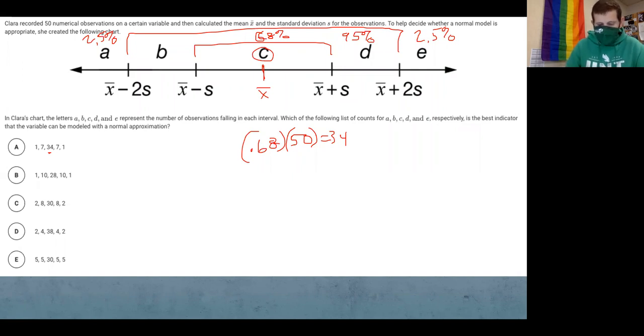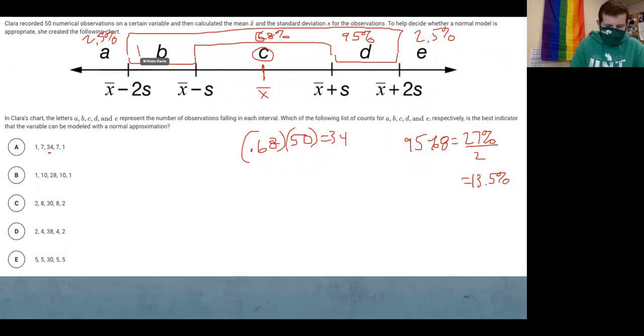But right here, if we go from 68% and we've got now 95%, we want to figure out how much is in this range for D. And that would be the same for B also. So if we've got 95% minus 68%, that's going to come down to 27%. And then we want to divide that by 2 because it's split into 2 different regions, B and D. So that gives us 13.5%. So 13.5% of the data is going to fall in that range.